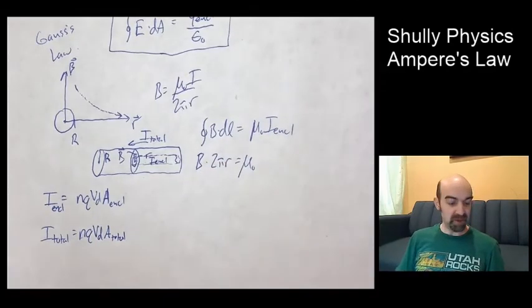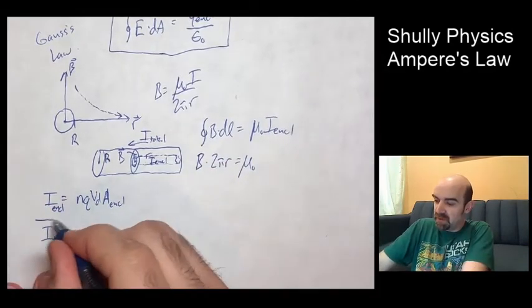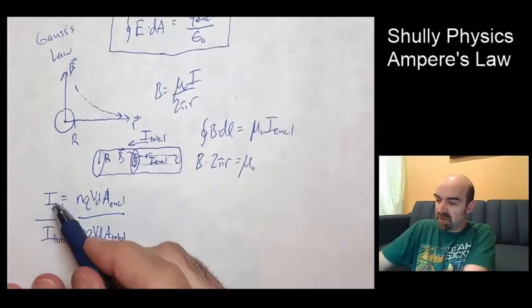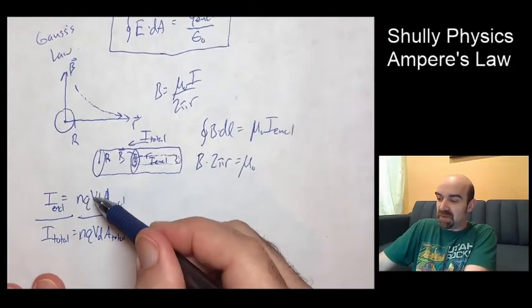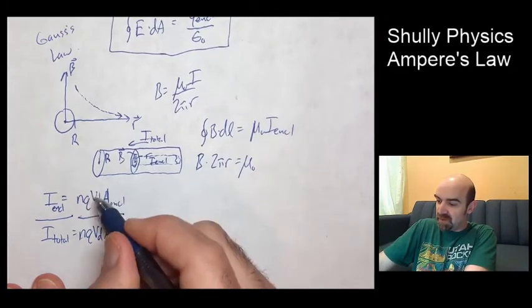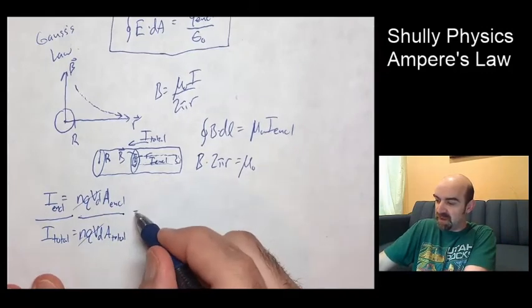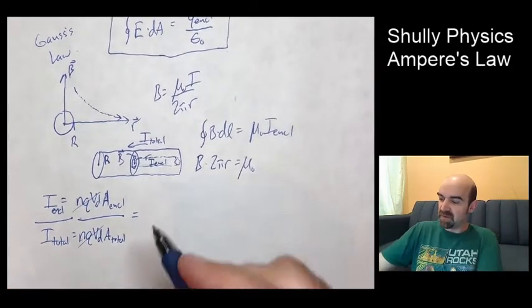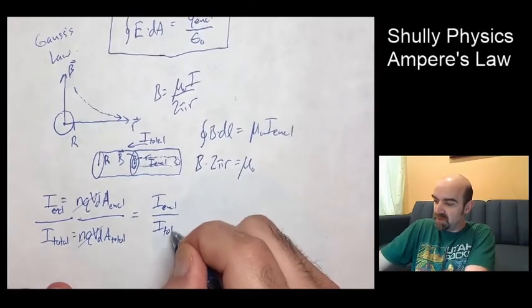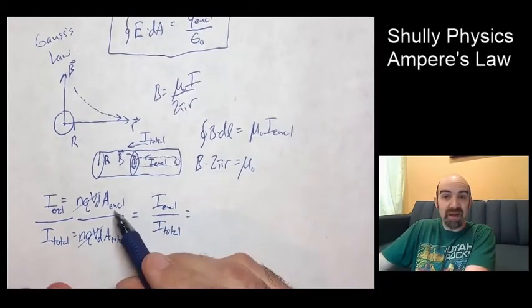So if we compare that and make a little ratio, I enclosed over I total equals the enclosed A over the total A. You'll notice all these are the same. They would cancel out. And what we're left with is, let me rewrite that, I enclosed over I total would be A enclosed over A total.